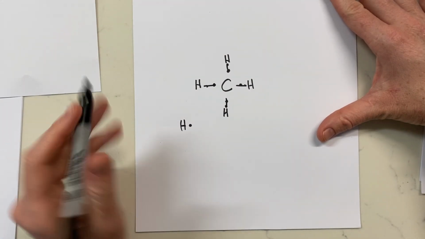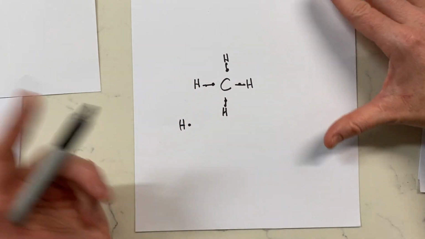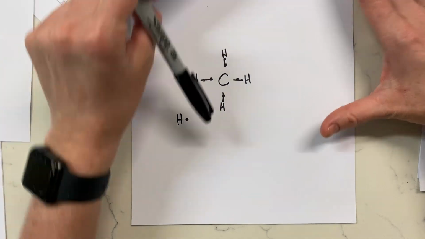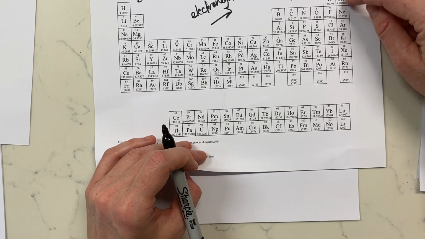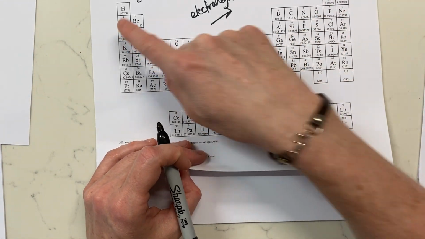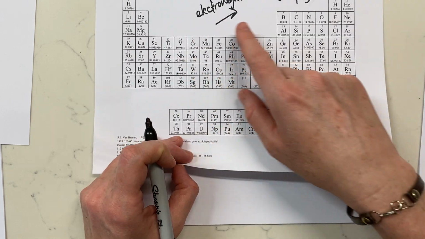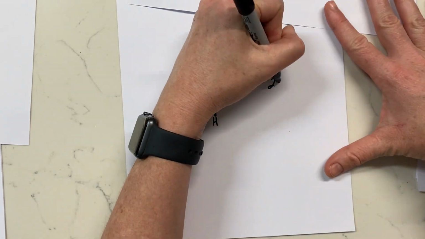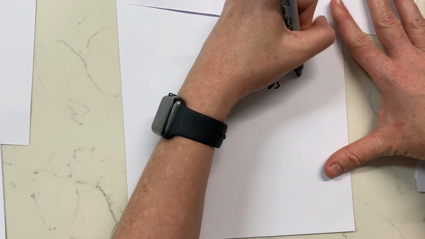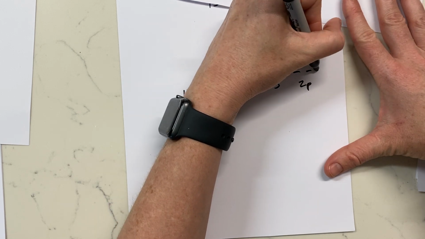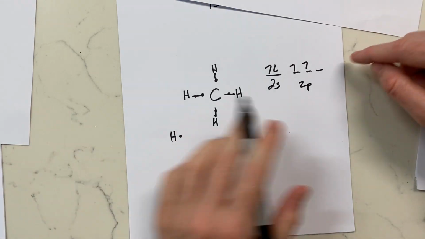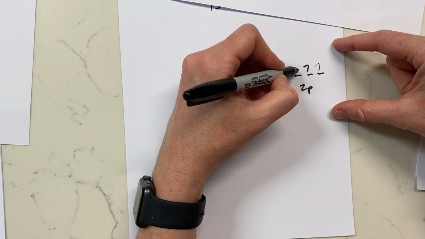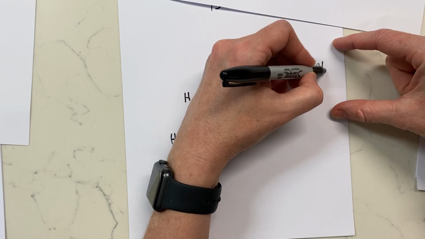these electrons. Another way to even look at it would be to look at carbon's electron configuration. Carbon's valence electron configuration, after helium, is 2s2, 2p2. So how many more electrons can carbon accept? 1, 2, 3, 4.